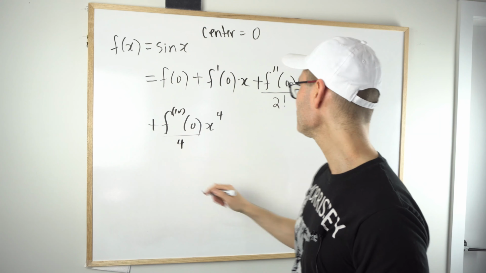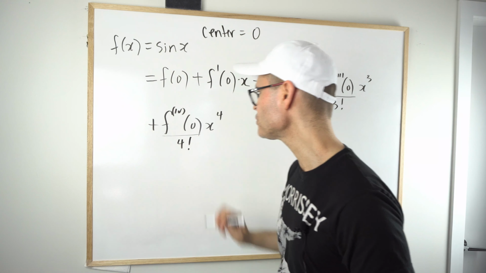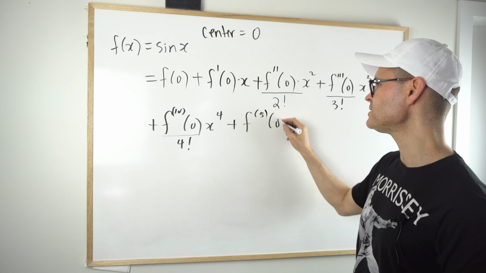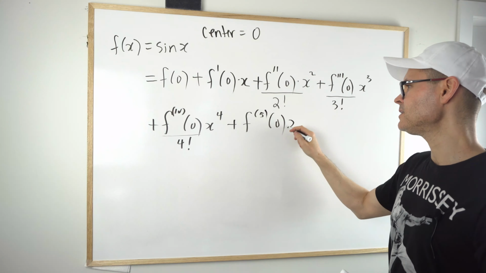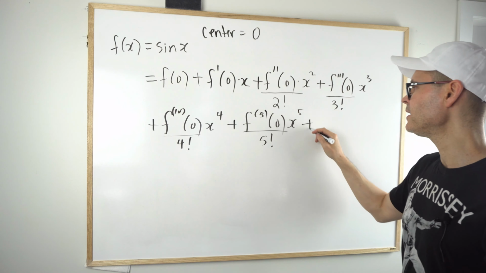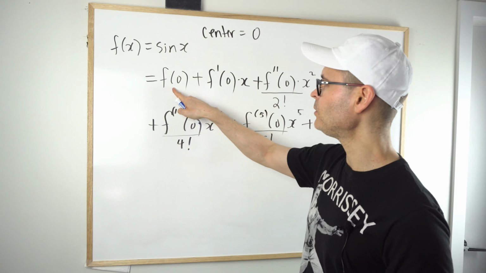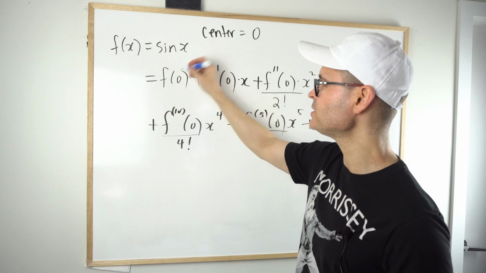Again, the intuition there would be to carry this. Look, 2 factorial, 3 factorial, 4 factorial. The fifth derivative at 0, and that's going to be for the quintic, all over 5 factorial. And of course, that could continue on for quite some time. Well, f at 0, that's sine at 0, which is just 0.